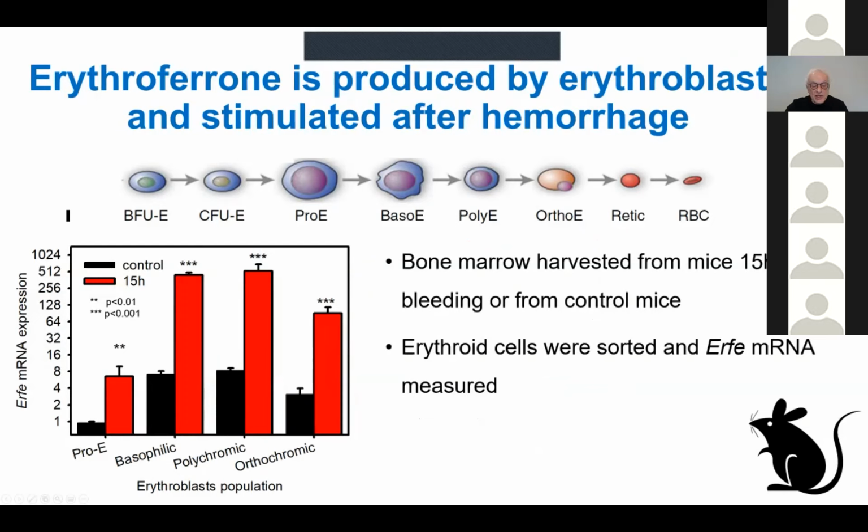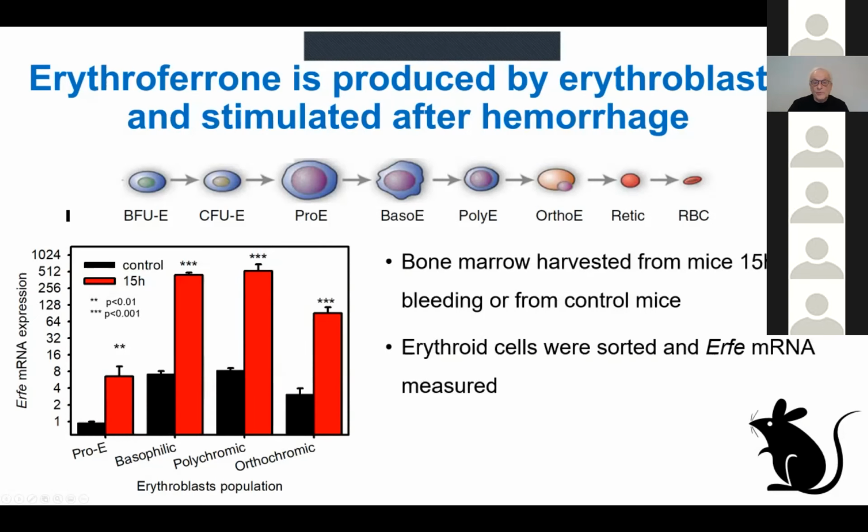And what you can see is that it is the basophilic, polychromatic, and orthochromatic erythroblasts that generate most of the signal, most of the erythroferrone RNA in the marrow, as you can see here.